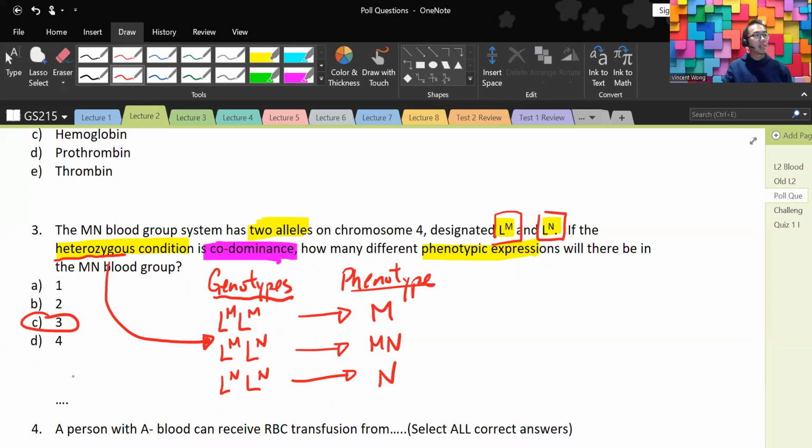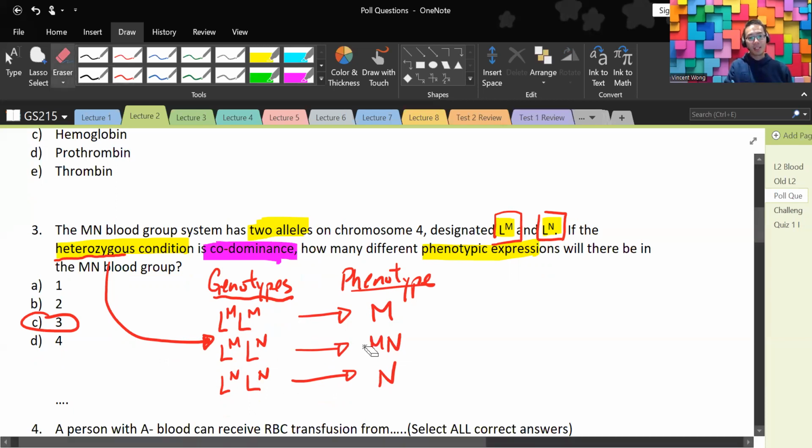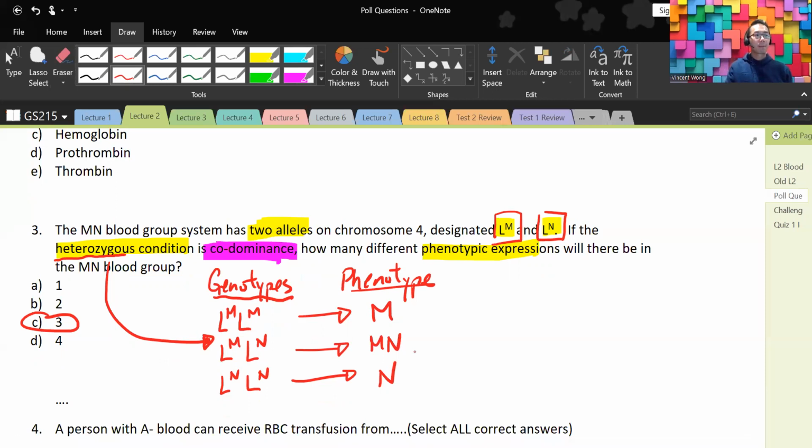Whoever chose C, there's one person who chose it. Good job. Bonus mark. But for everyone else, have I convinced you that this is the answer? Does that make any sense? Okay, I surely hope so.